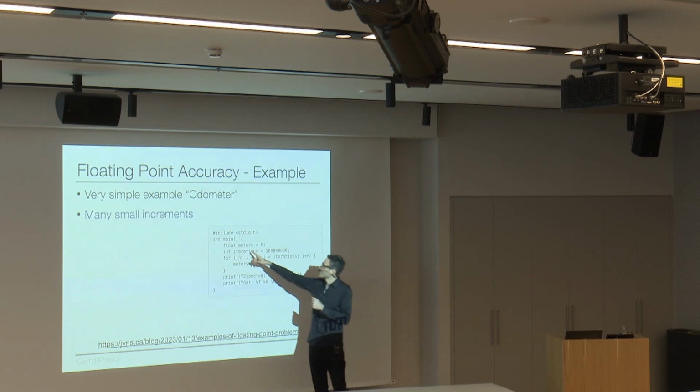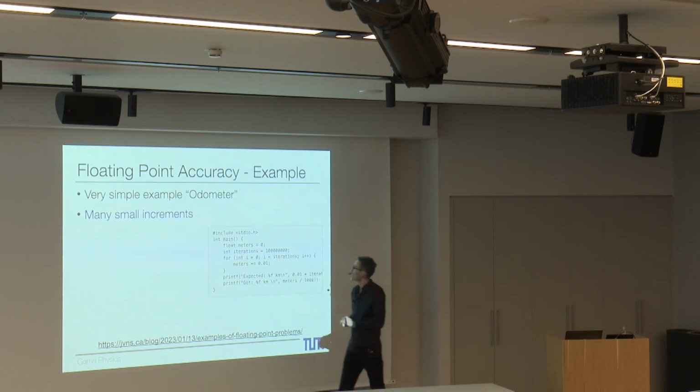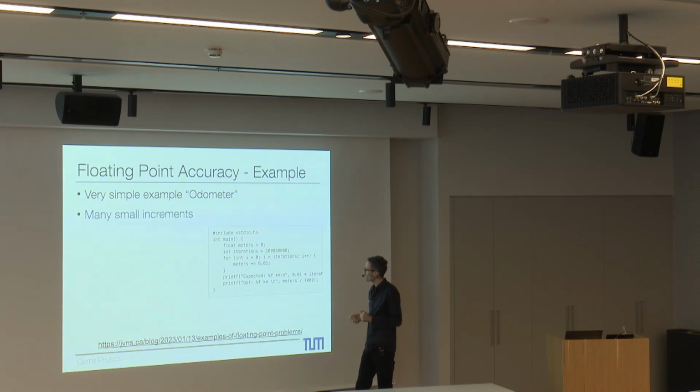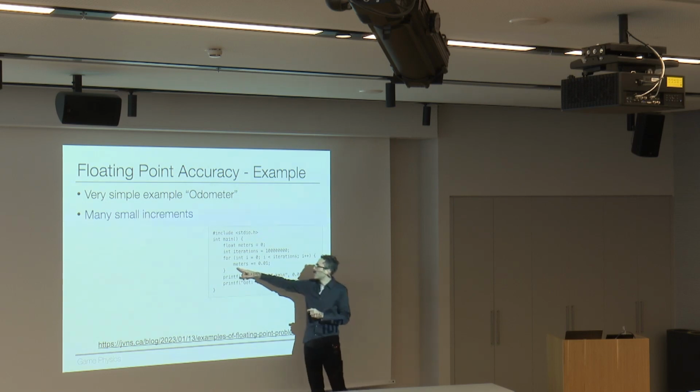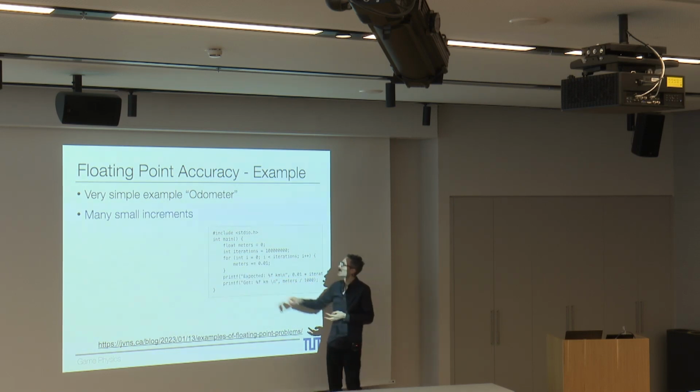We're basically counting the distance in meters, and then we're making 100 million iterations. And now we are just incrementing our counter, the distance that we've covered, every time by 0.01 meters.